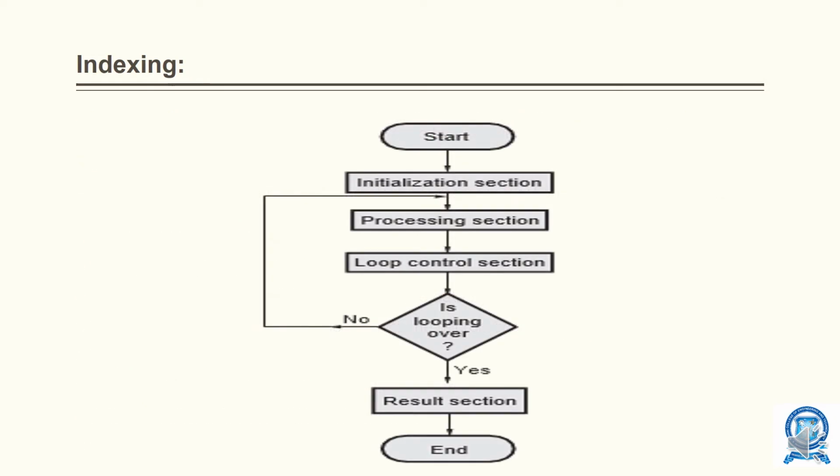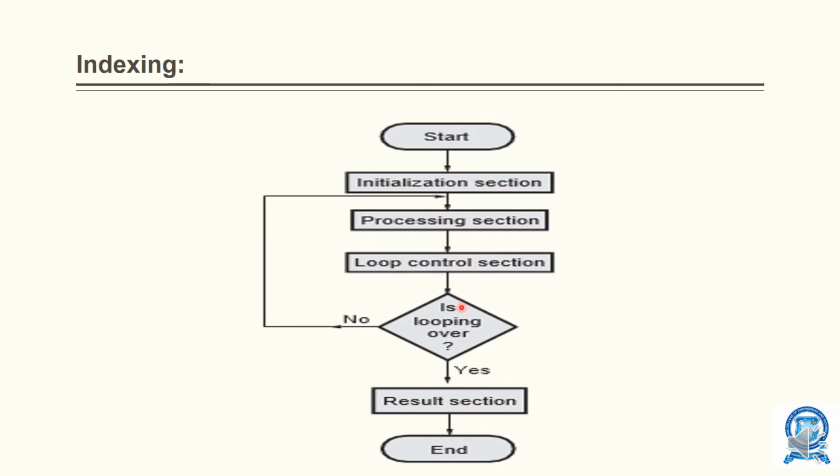So now for indexing, here we have a flowchart. Starting with the initialization section. Here we are going to initialize the counter, or whatever registers you need to initialize. Processing section: next the processing is done, that is, some operation we need to perform.